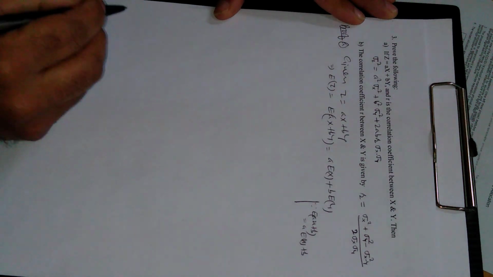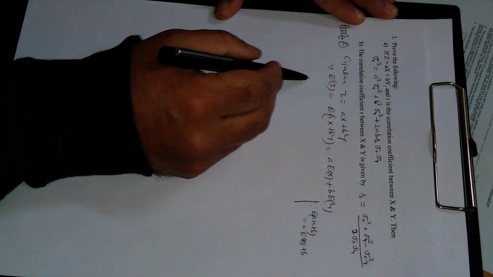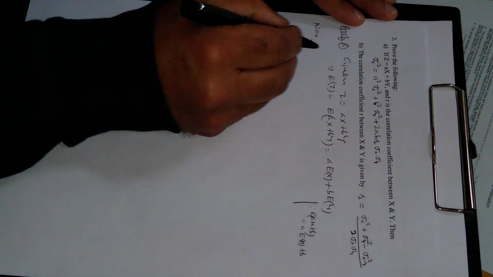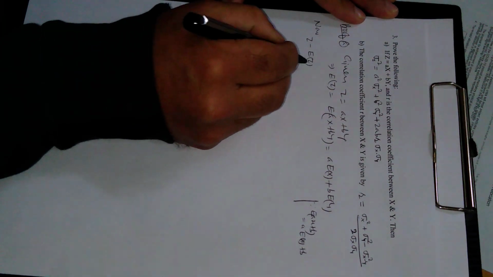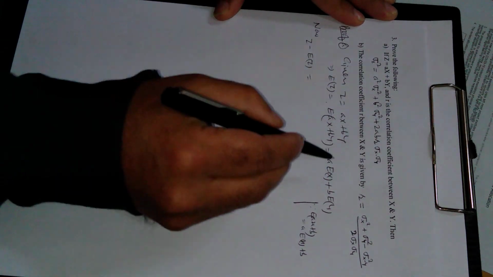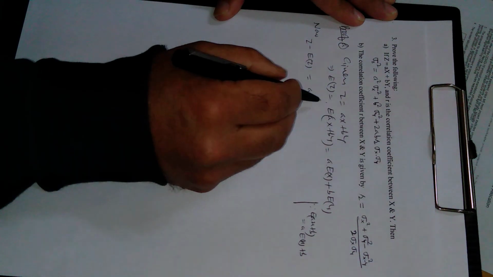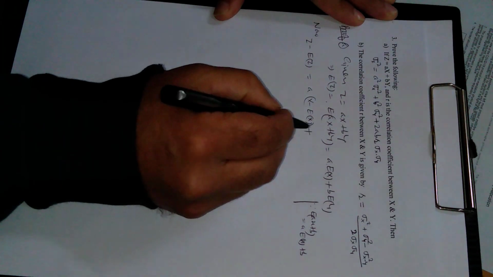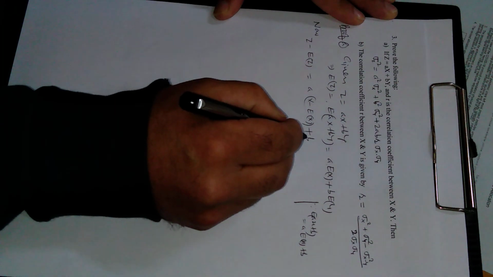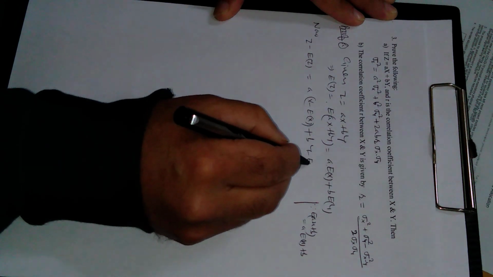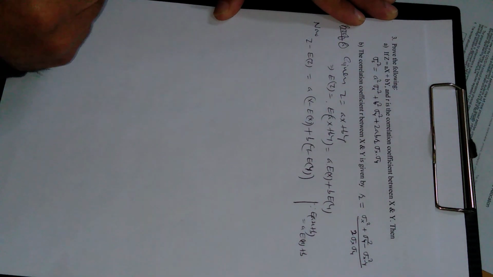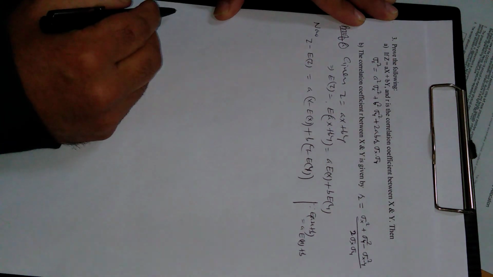Now the difference of these two, z minus E of z, this equation minus this equation. Between these two, a is constant, so this is x minus E of x. Similarly between these two terms, b is common, y minus E of y. This is the difference of these two equations.